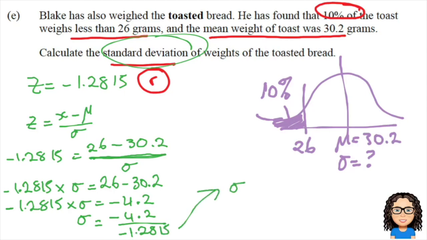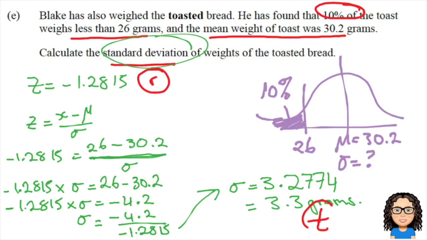And that will give me a standard deviation there of 3.2774. And so I can round that to 3.3 grams. If I can get through to that with the working, I must have the working, then that will get me my T for excellence.